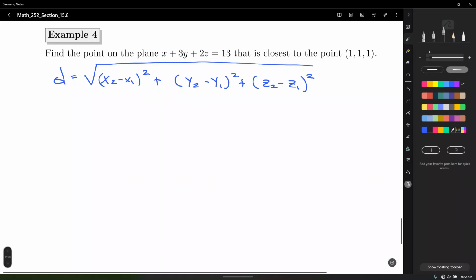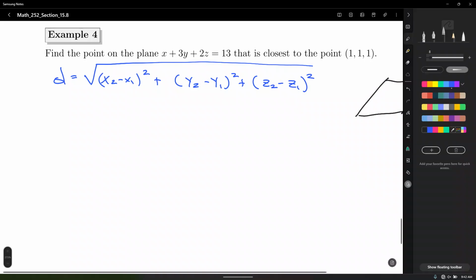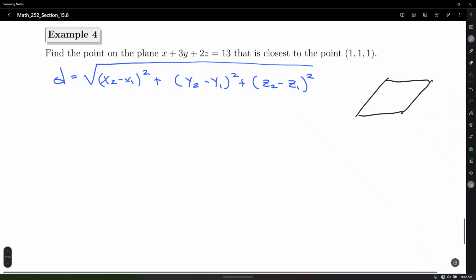Okay, what's the picture here? We have a plane, and in the middle of nowhere the point 1, 1, 1. Of course, this plane will have infinitely many points, so we can find the distance between any of these points on the plane and the point out of nowhere, but we want the closest one.